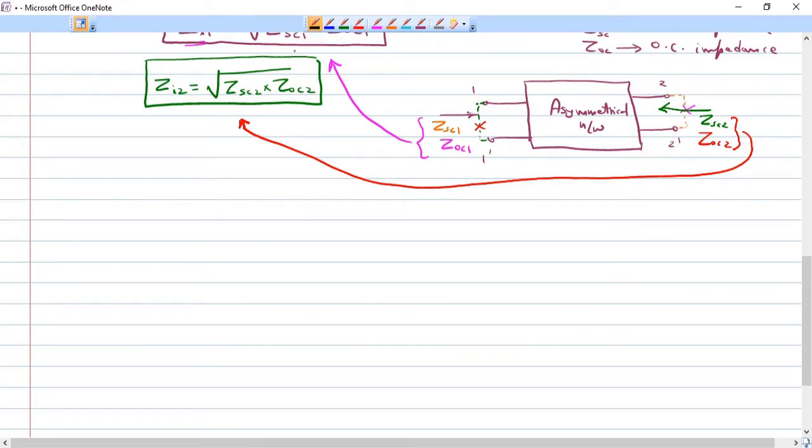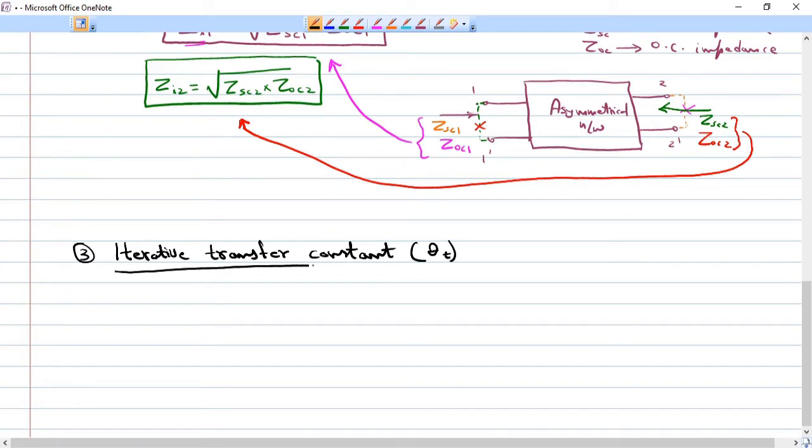The next parameter that we have seen is the iterative transfer constant, that is theta t. To define this, we need an asymmetrical network.